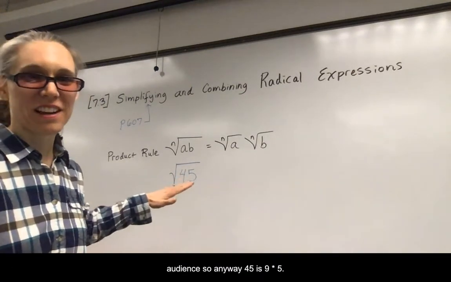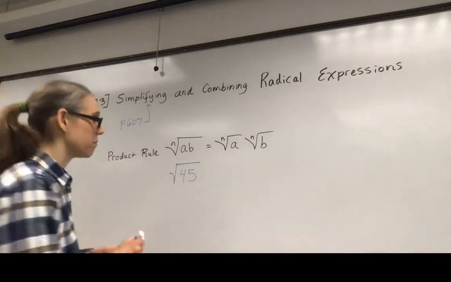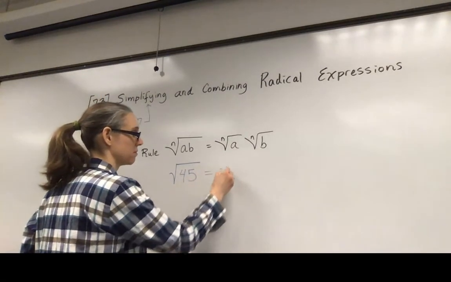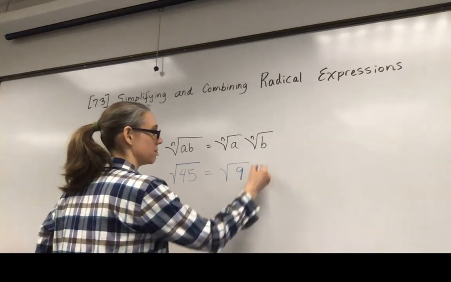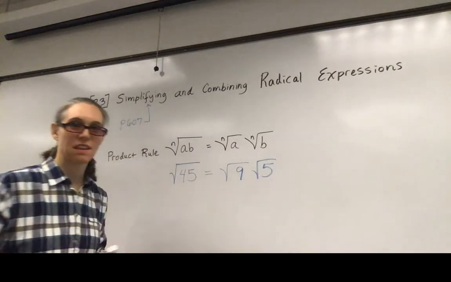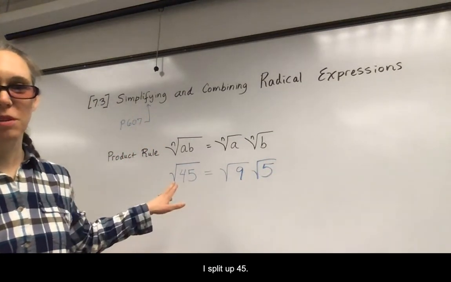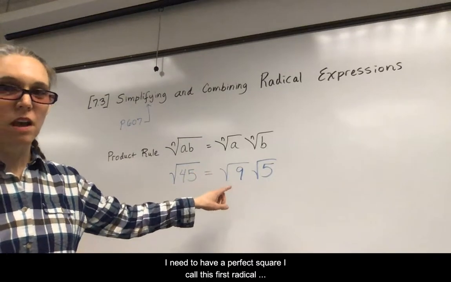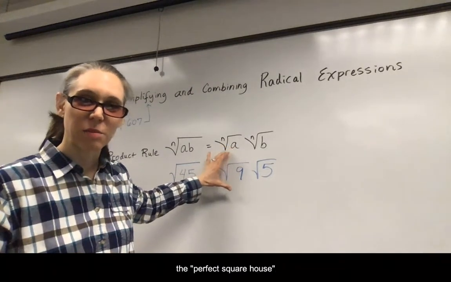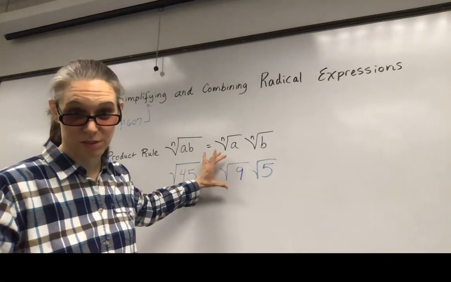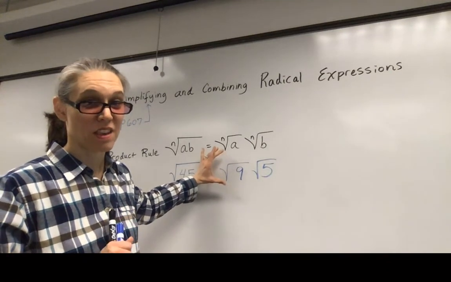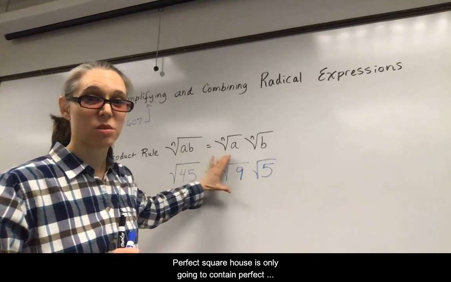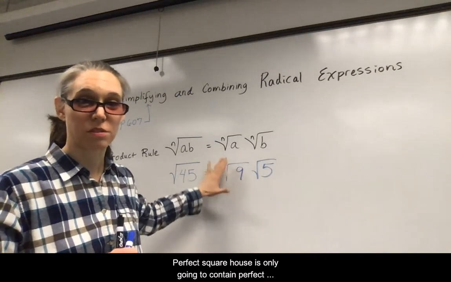Anyway, 45 is 9 times 5, right? I split up 45. I need to have a perfect square. I call this first radical the perfect square house. That's not an official name. The perfect square house is only going to contain perfect squares.